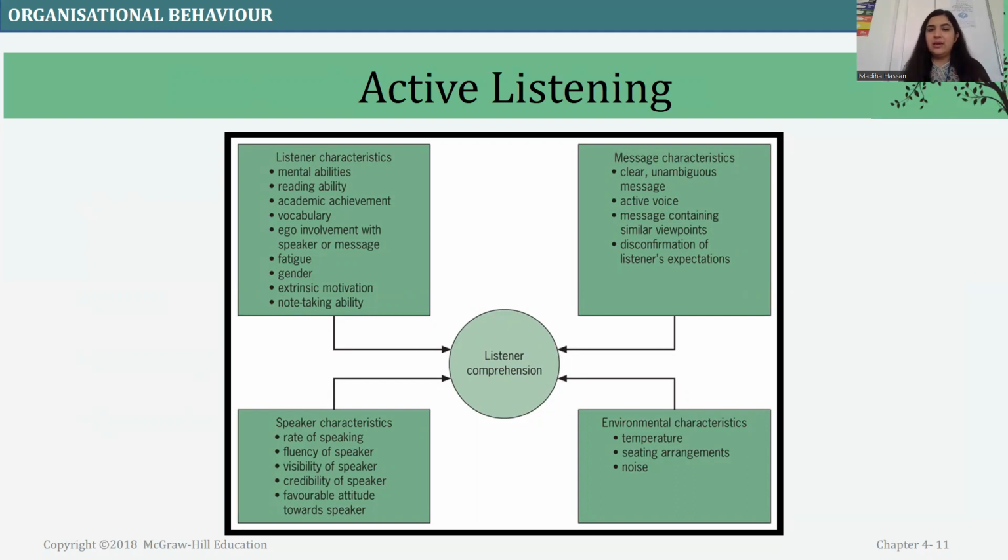All these things are included. Message characteristics: clear, ambiguous, active voice, message containing similar points. Similarly, speaker characteristics are also very important, and environmental characteristics are temperature, seating arrangements, noise. If there is noise, you will not be able to hear the other person, so your listening will be impaired.